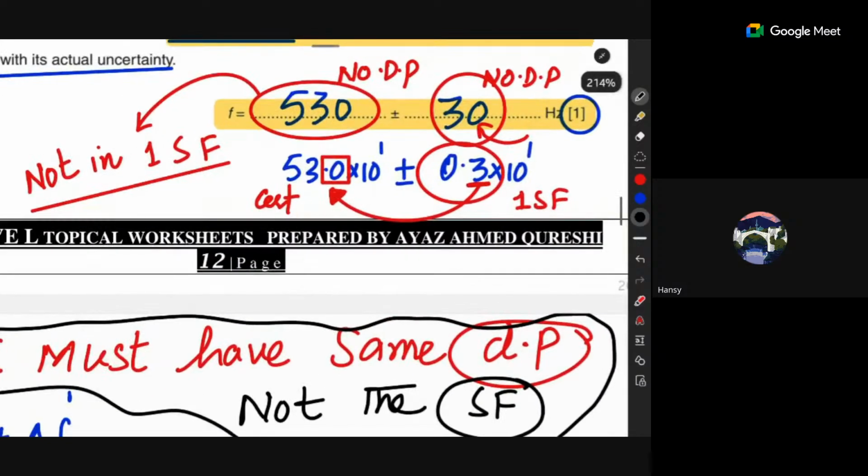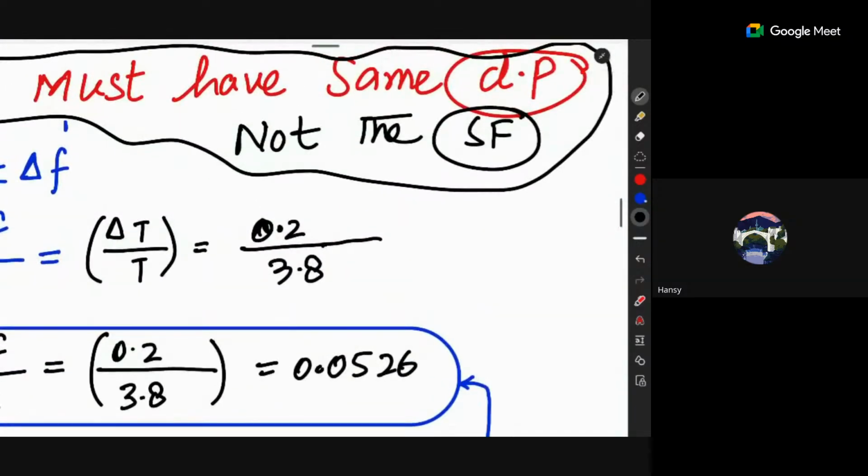If you are writing here in this way, if your final answer is, let's say, 4.5, sorry, just a second. Because in one significant figure you cannot write 4.5. In one significant figure, for example, you are going to write 0.04. So how many DPs are there? Two decimal places and one significant figure.